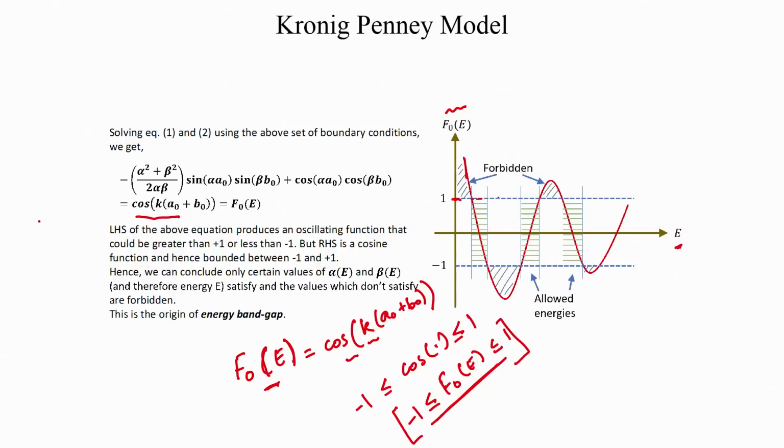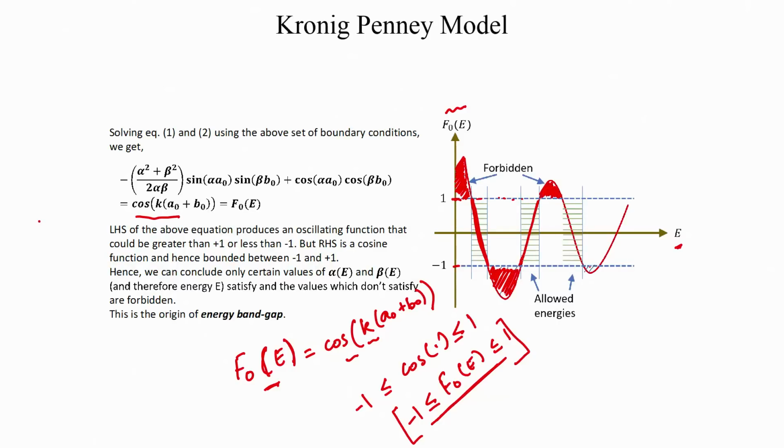Here is the bound of 1 and here is minus 1, and therefore nature allows the electrons to only take up values of f naught of e which are inside these bounds, and all these places where f naught of e exceeds 1 or goes below minus 1 are forbidden.